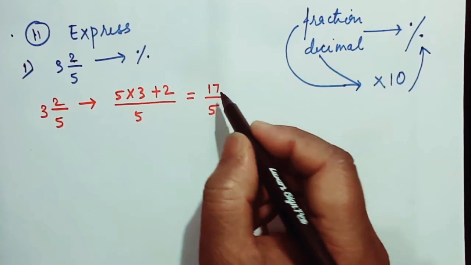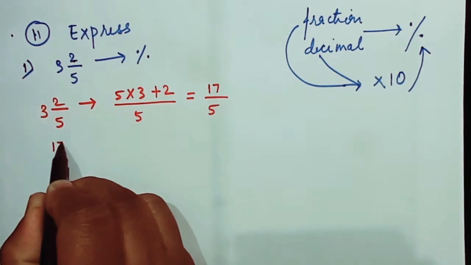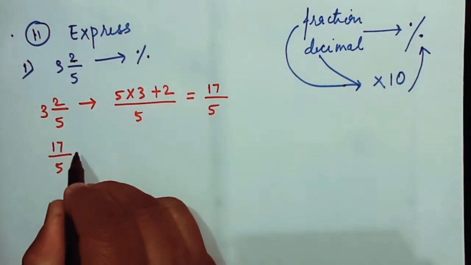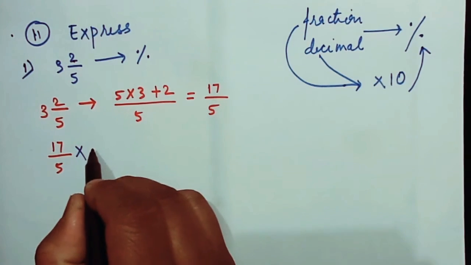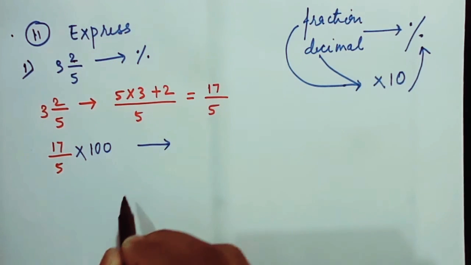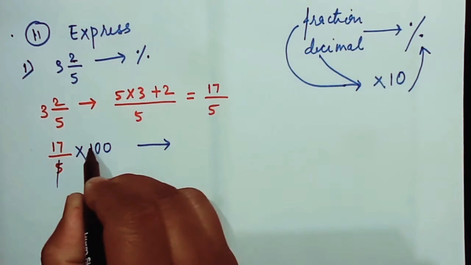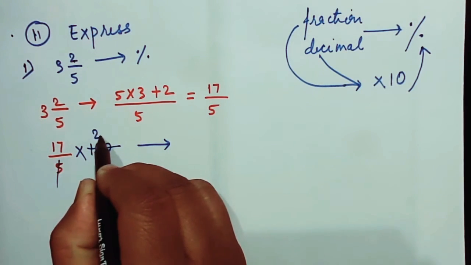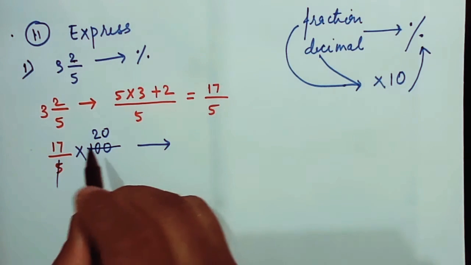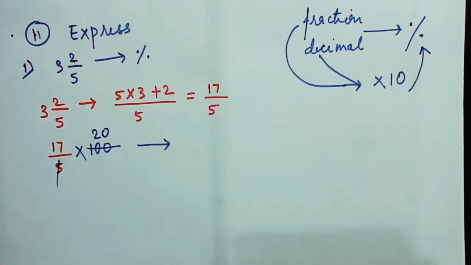Now this 17 by 5 should be multiplied by 100 in order to give you your solution in percentage. So 5 how many times? 5 2 times 10, isn't it? 5 2 times 10 will give you how much?